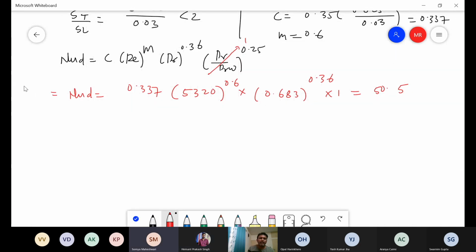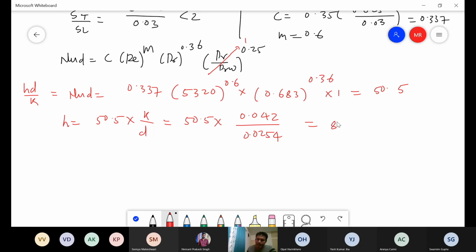So this is given as hD by k. We already know the diameter of the tube, that is 0.0254. Thermal conductivity also we know. So we can find out the value of h. So h can be obtained as 50.5 into k by D. In this case k is 0.042 divided by D, 0.0254.